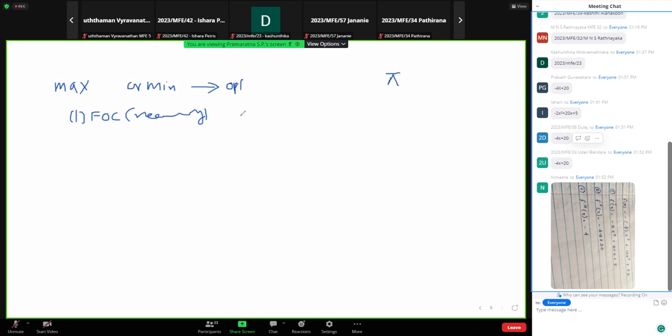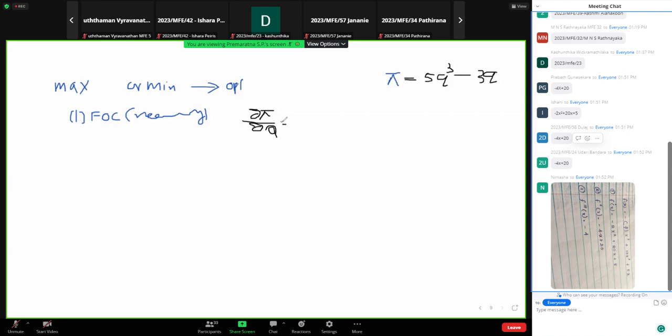The first order condition: let's say the profit function, we differentiate it with respect to q. The profit function is 5q³ minus 3q.